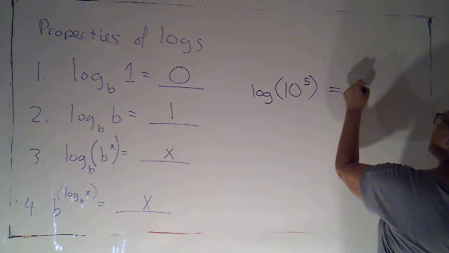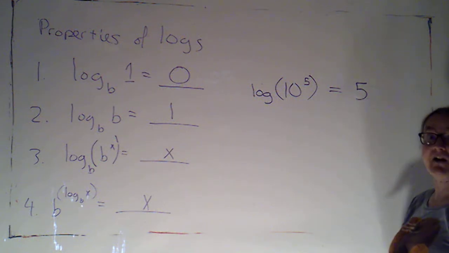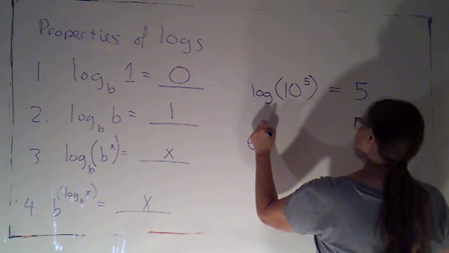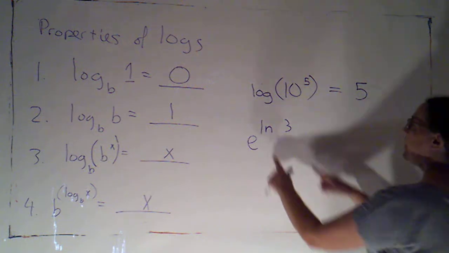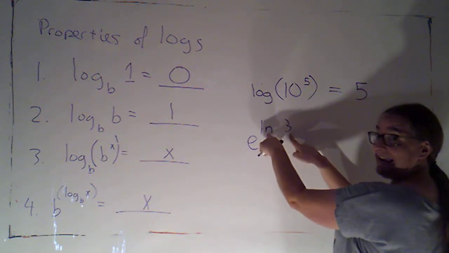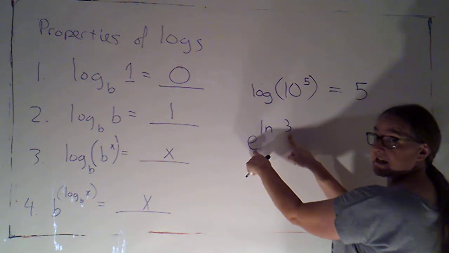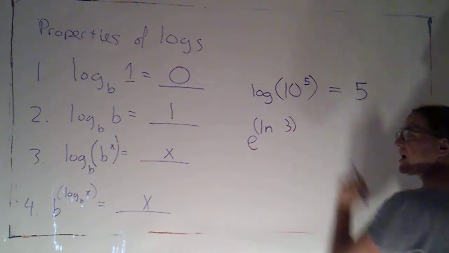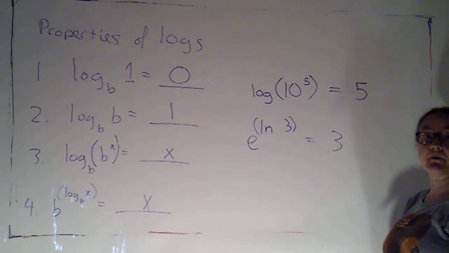So the log function is going to undo the exponential function, and I'm just going to have 5. Okay. Let's take e to the natural log of 3. Well, that's a log function, and it's the natural log, so it's base e. So that's the natural log being plugged into the exponential function with the same base. They're going to undo each other, and that's going to just give me back 3.